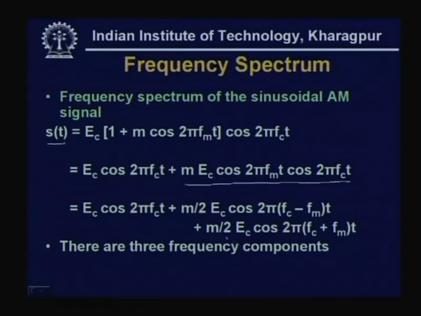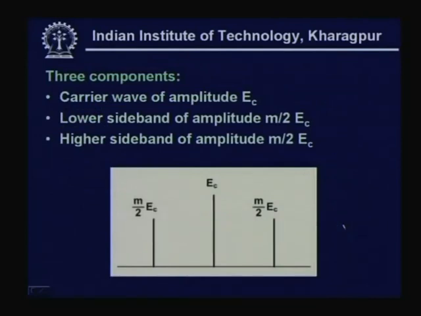So we now notice that there are 3 frequency components. One frequency component is fc, another is fc minus fm, and the third is fc plus fm. So after modulating a sinusoidal carrier with the help of a sinusoidal modulating signal, we get 3 frequency components and their respective amplitudes are shown in this diagram.